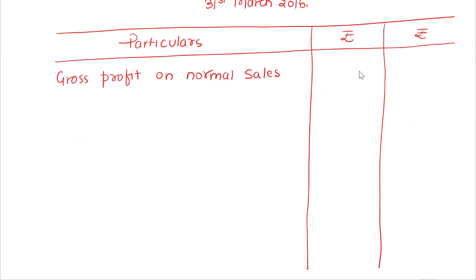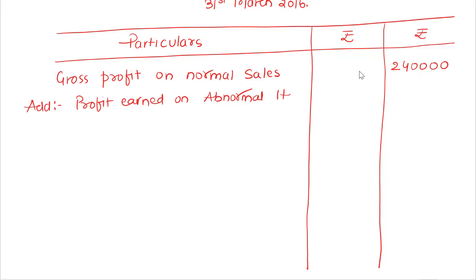So gross profit is 2,40,000. Add profit earned on abnormal items.